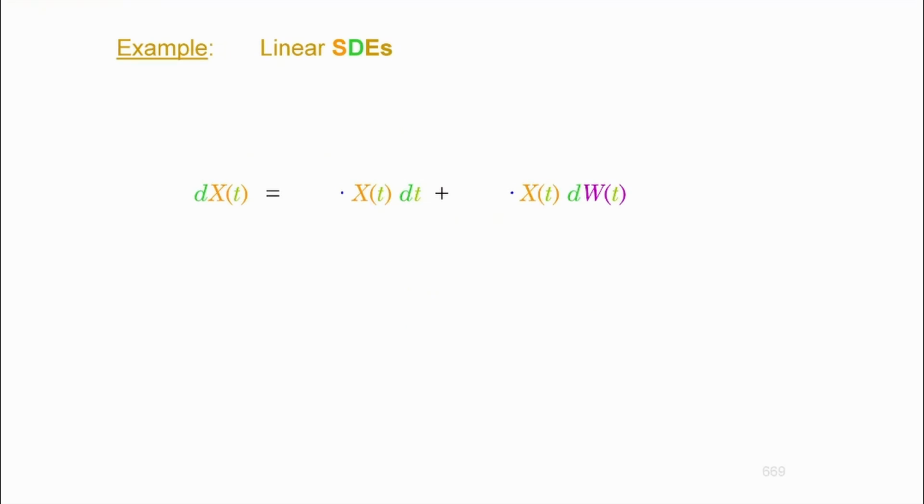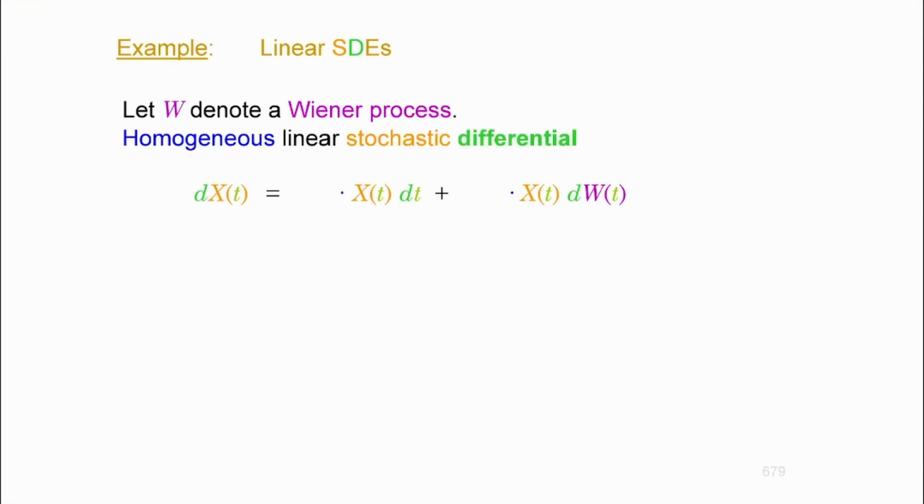Now I'm going to look at linear stochastic differential equations. And this is basically what it was. So this is a homogeneous linear stochastic differential equation, where those two functions are there, okay? And now I'm going to show you that this is true.